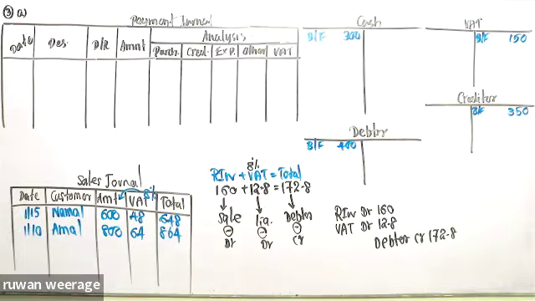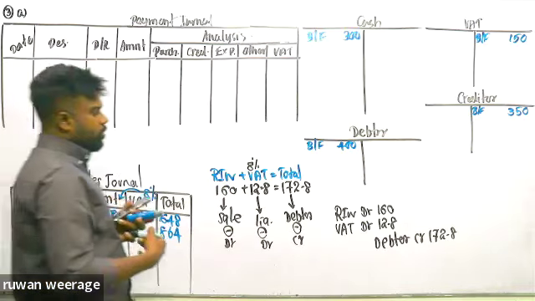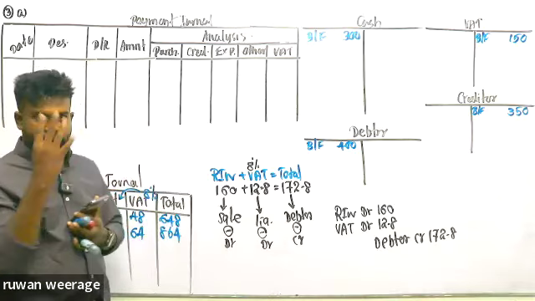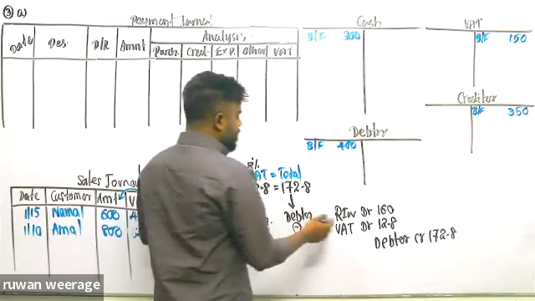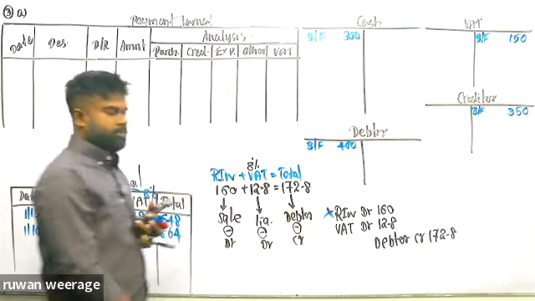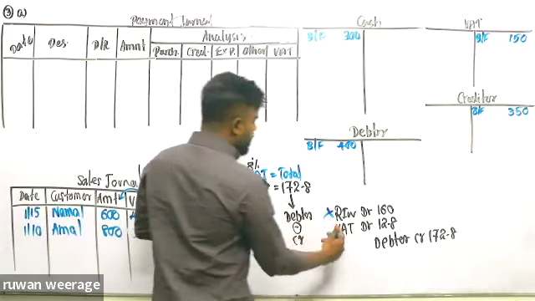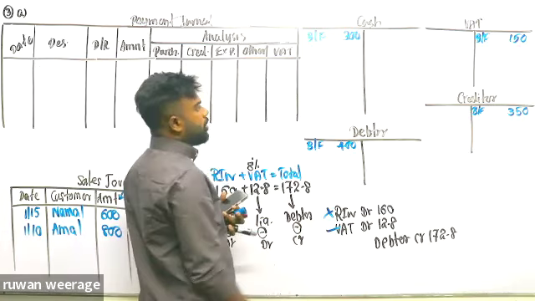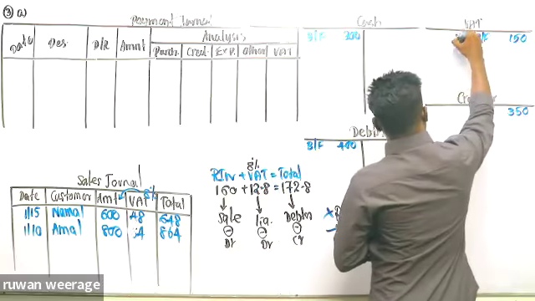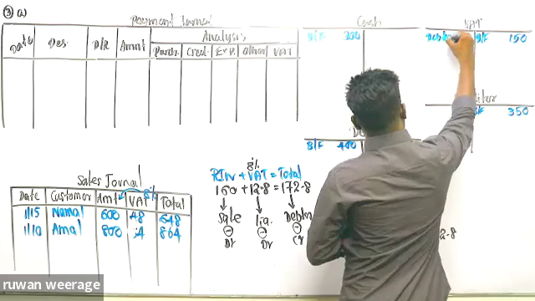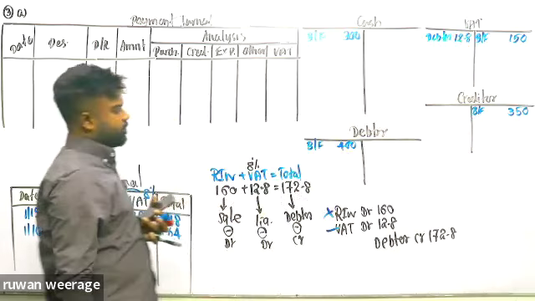This is the double entry. Clear? Right? But should we prepare only 4 accounts? Should we prepare the returns inward account? No need to prepare it. Clear? VAT account? Yes. VAT debit 12.8.